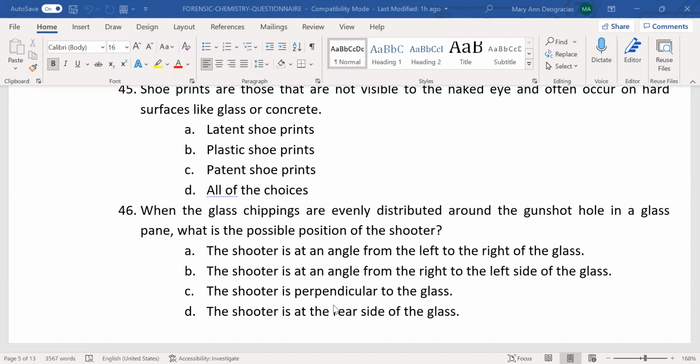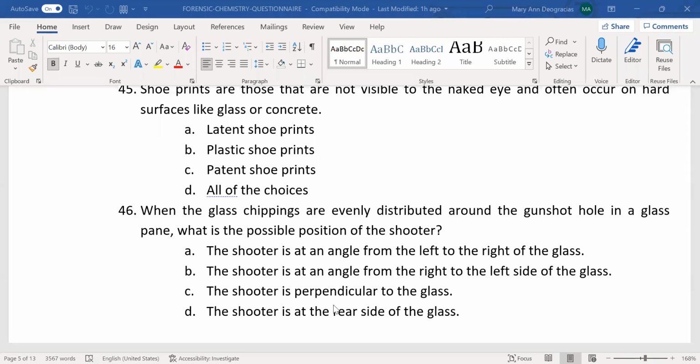B, the shooter is at an angle from the right to the left side of the glass. Okay, nasa gilid lang daw siya ng glass from the right. C, the shooter is perpendicular to the glass. Okay, and then D, the shooter is at the rear side of the glass. Rear meaning sa likod. Okay, the answer is letter C.